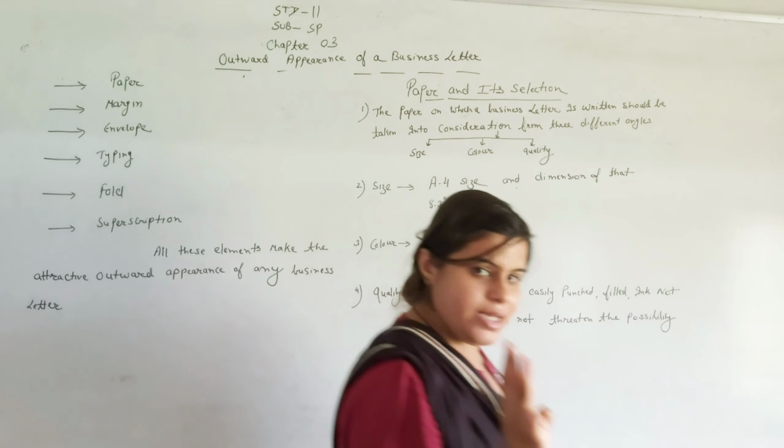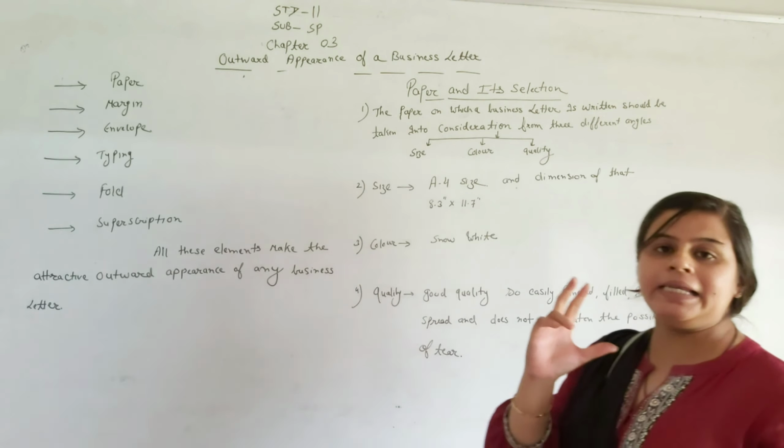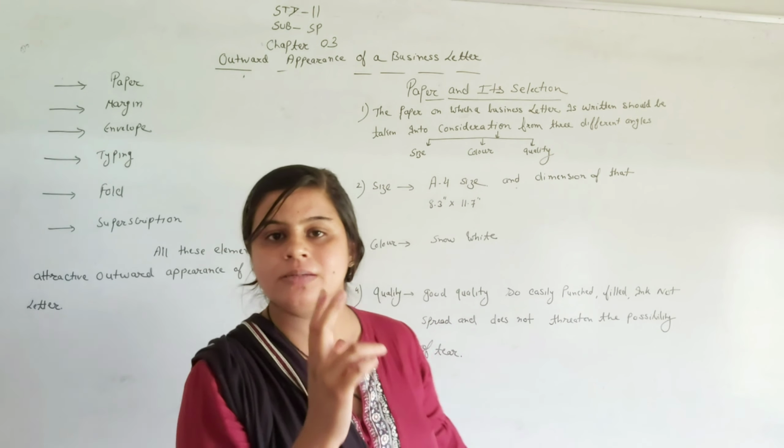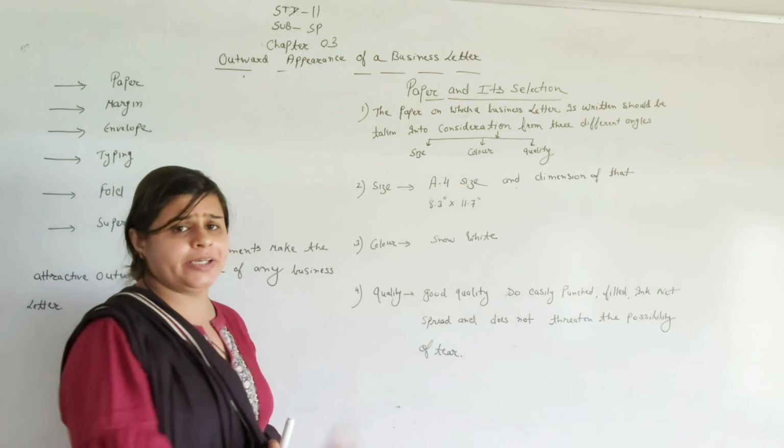Here the question can arise. Specify the major 3 angles on selecting the paper for any business letter. किसी भी बिजनेस लेटर को लिखने के लिए पेपर में जो मेजर 3 एंगल्स हम देखते हैं उसे सिलेक्ट करने के लिए वो कौन से हैं? साइज, कलर, क्वालिटी.